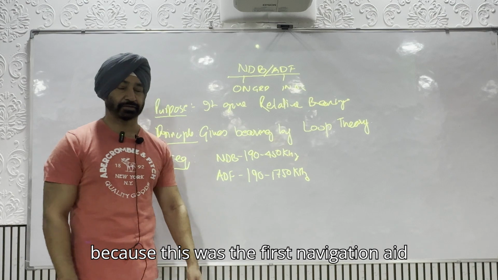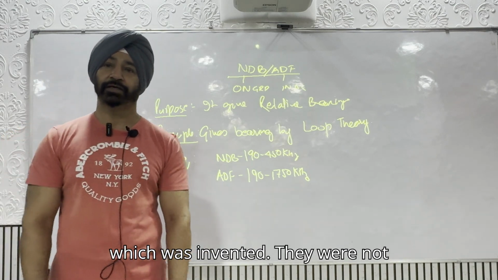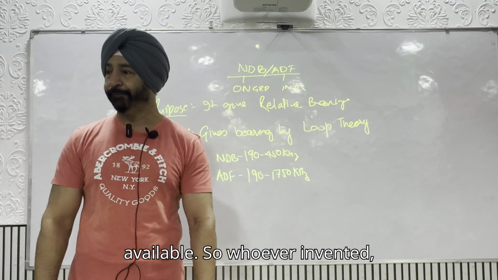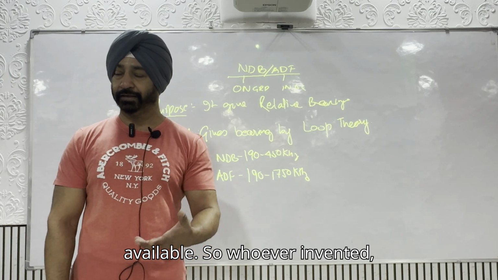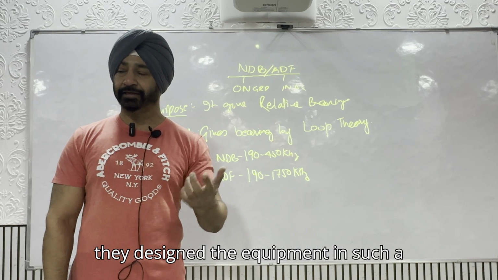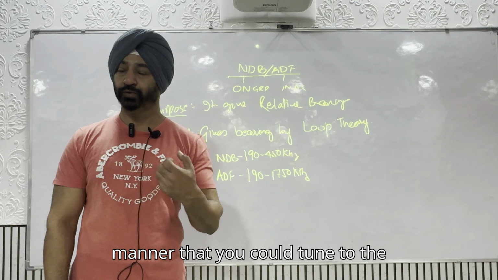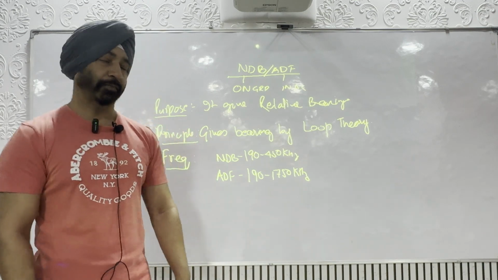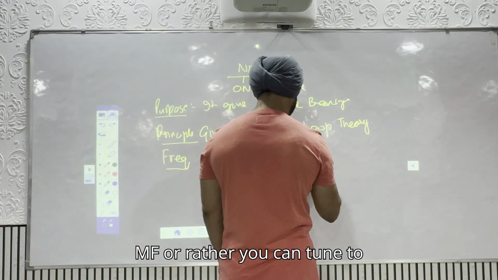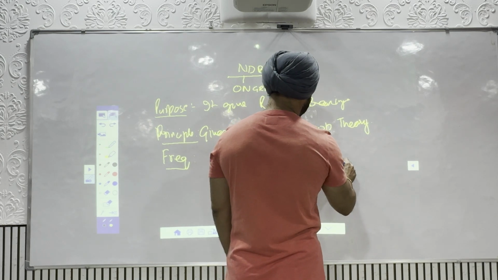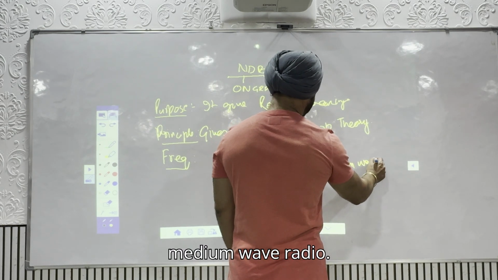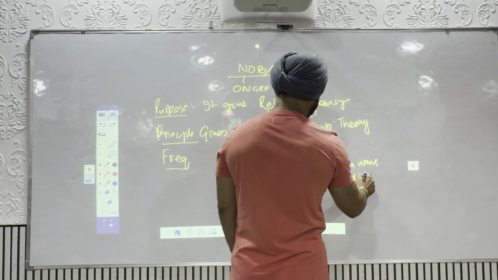Because this was the first navigation aid which was invented. They were not available. So whoever invented it designed the equipment in such a manner that you could tune to the MF, or rather you can tune to medium wave radio.